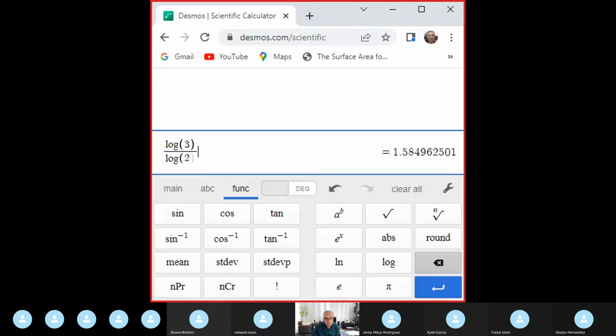This is rounded off to 4 decimal places. And this is truncated to 4 decimal places. Do you understand very well or no? Yes. Okay.